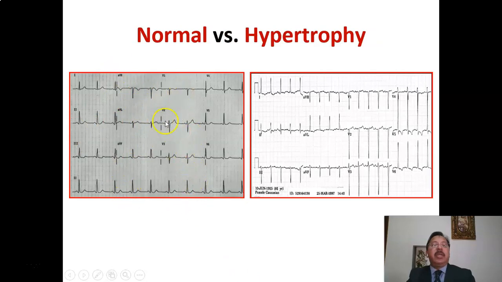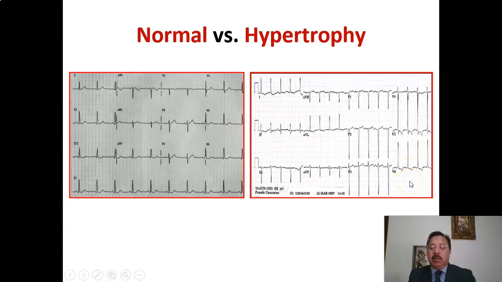On this side of the screen, the darker one is the normal. If you look at the chest leads, these look like normal QRS complexes. But if you look at the right side of the screen, the QRS complexes are very high, initially very deep and then very high.